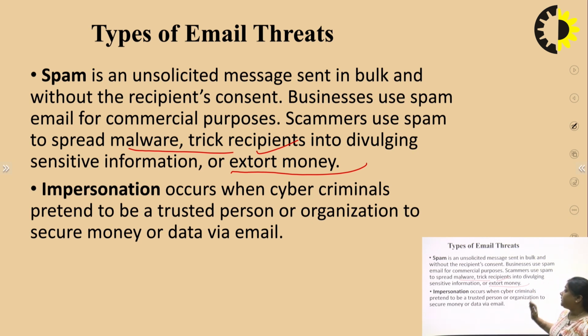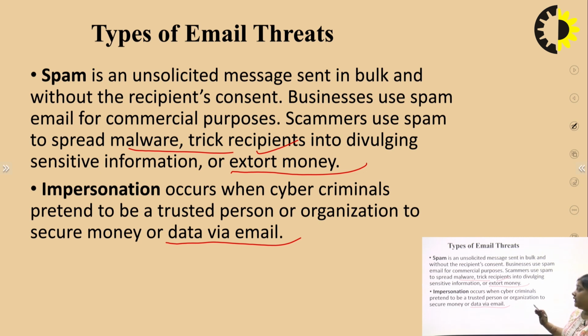It occurs when cyber criminals pretend to be a trusted person, and this happens when a hacker pretends to be a legitimate user of an organization, or acts as a legitimate organization to secure money or data via email.